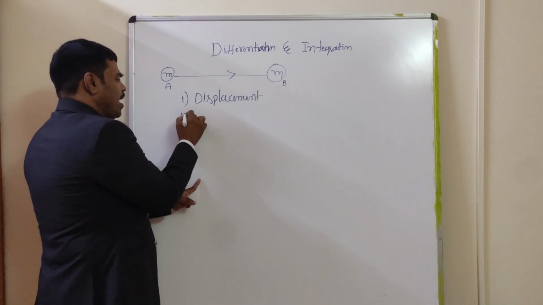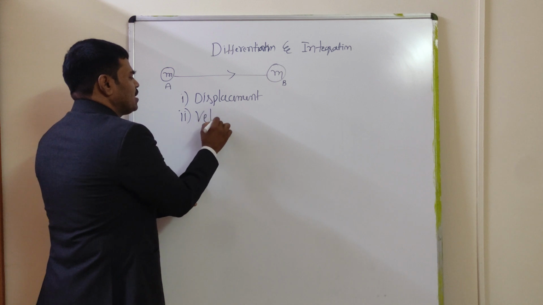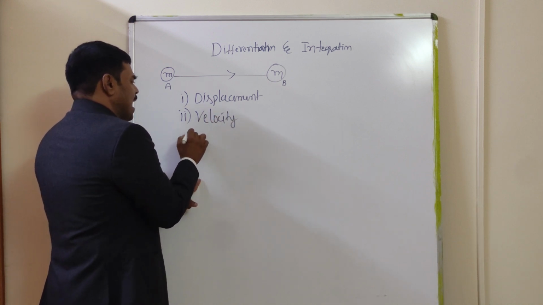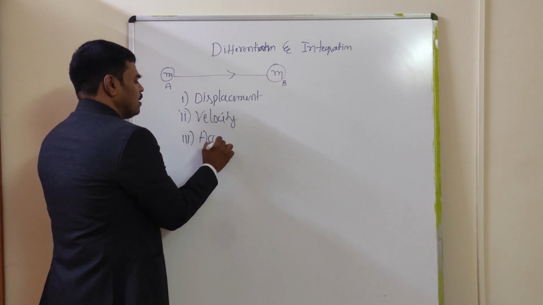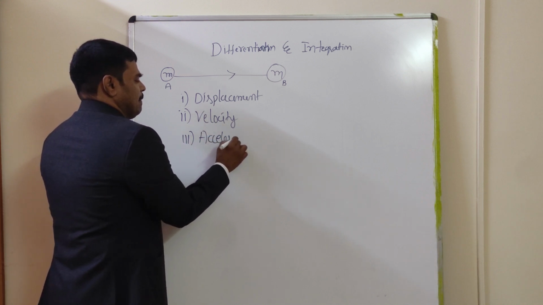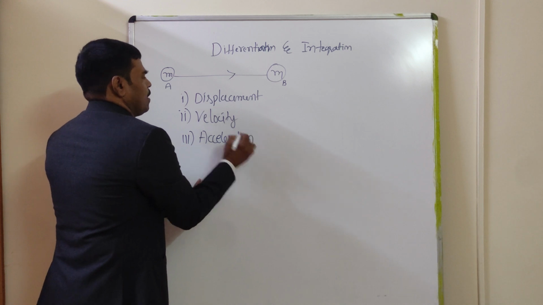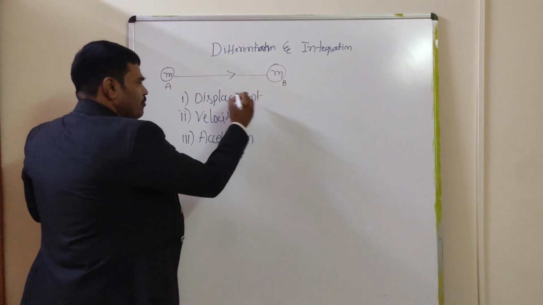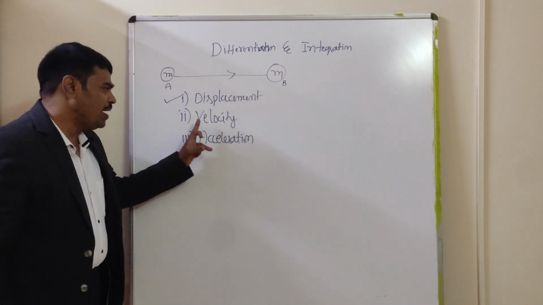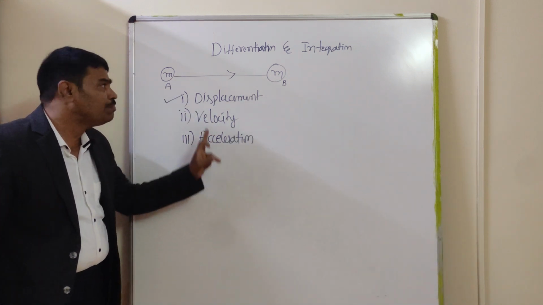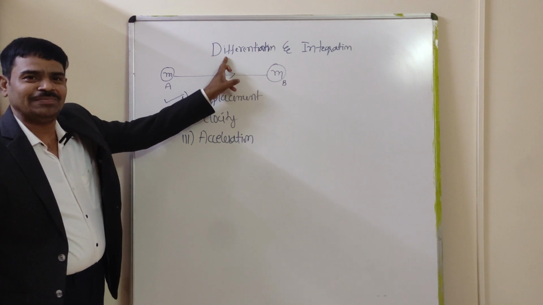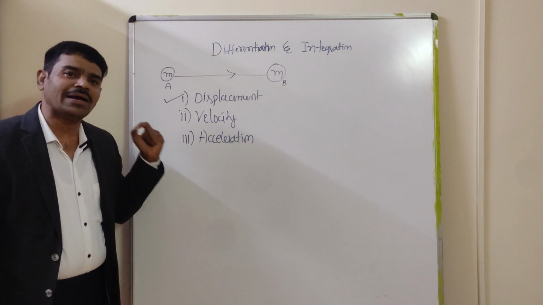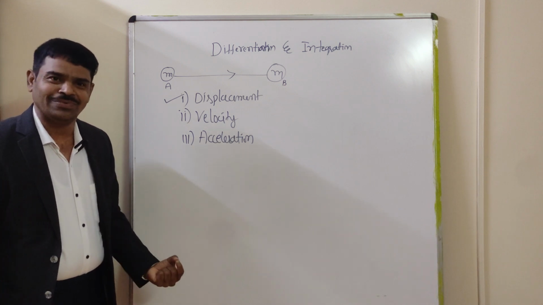And later we can find even the velocity, with what velocity the particle is traveling, and with what acceleration the body is traveling. So if you know the displacement, you can find the velocity and acceleration by using differentiation. That is when we have to use differentiation in our regular day-to-day life.